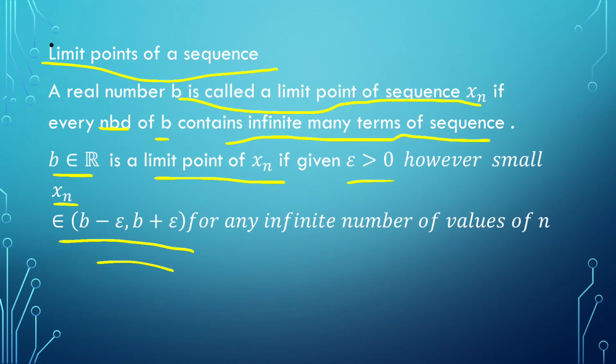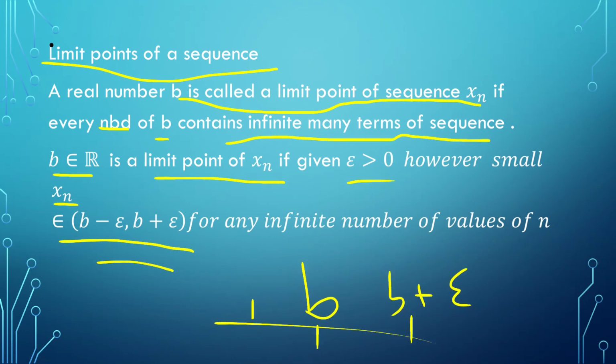The neighborhood of b is you take b and subtract a given small epsilon, and you take b and add a small epsilon. So that is actually the neighborhood of that b: on one side b plus epsilon, and on the other side b minus epsilon.